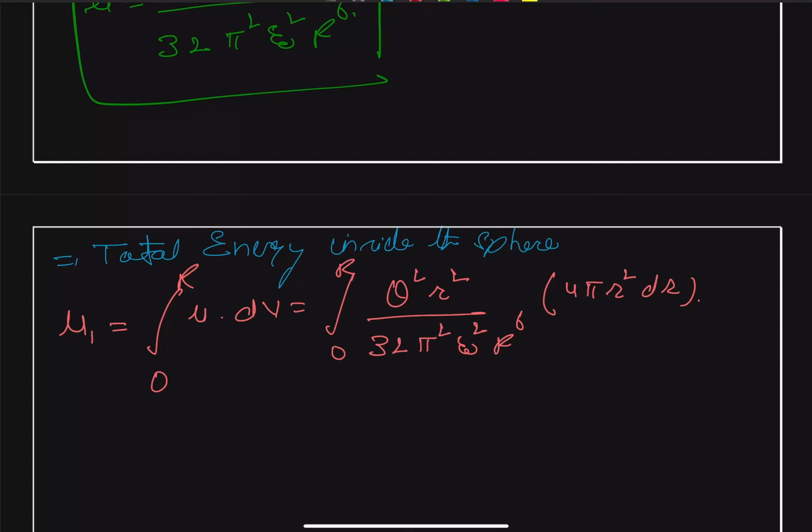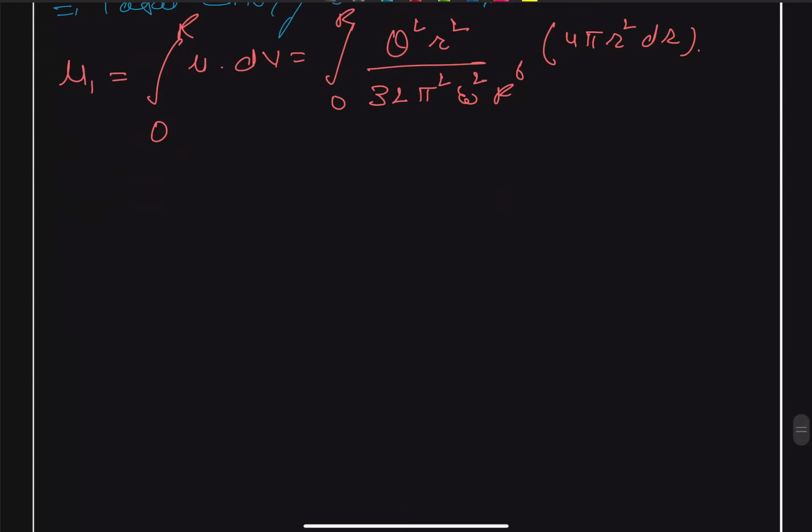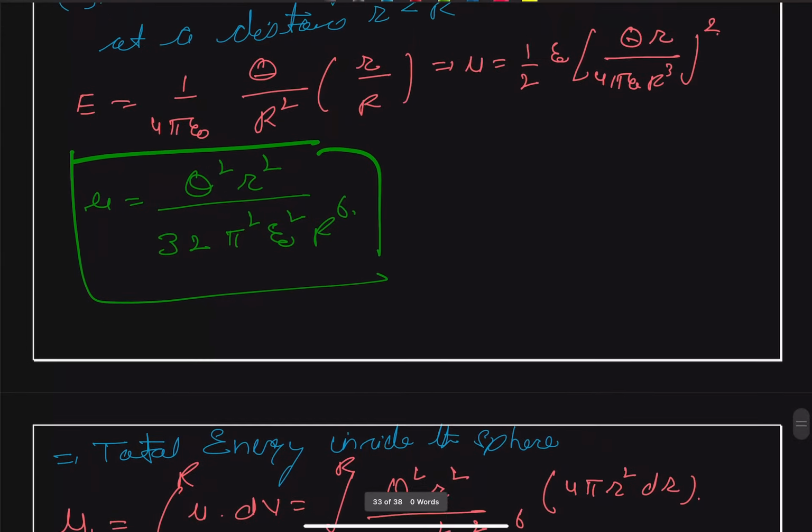And now it is simple integration. We get U1 will be equal to q square upon 8 pi square epsilon naught R^6, integration 0 to capital R, and this comes as r^4 dr. So this will be equal to q square upon 8 pi epsilon naught R^6.